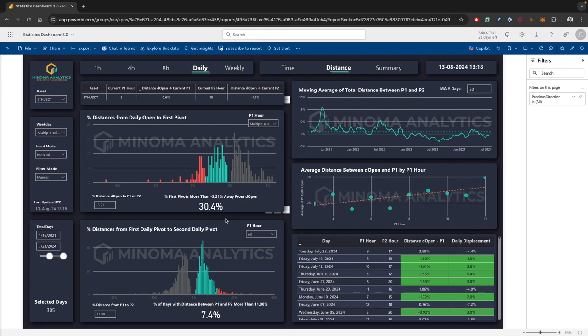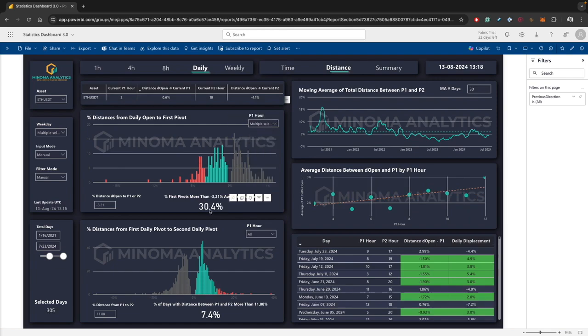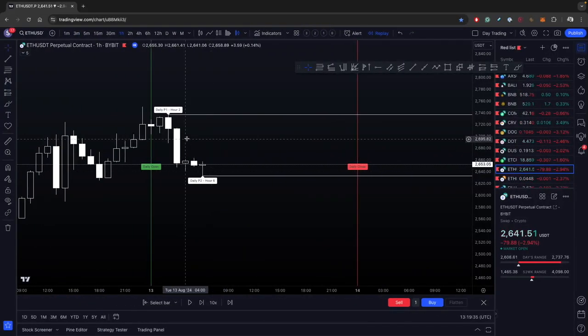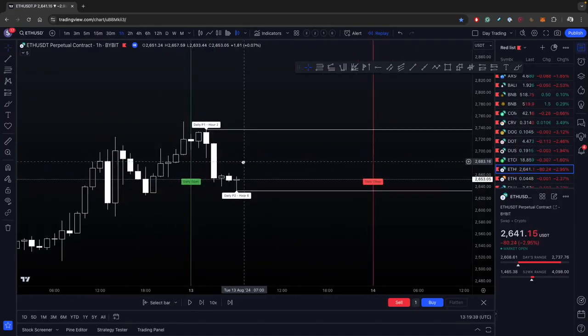When we look at only the days that have a P1 between hours 3 and 12, let's even remove 12, between 3 and 11 is 28. Well, let's keep 12 for a second. It's 30%. So that's double, right? So suddenly we can be a lot less confident in saying that P1 will hold. It's still an edge in this case, but it's not the same as 15%.